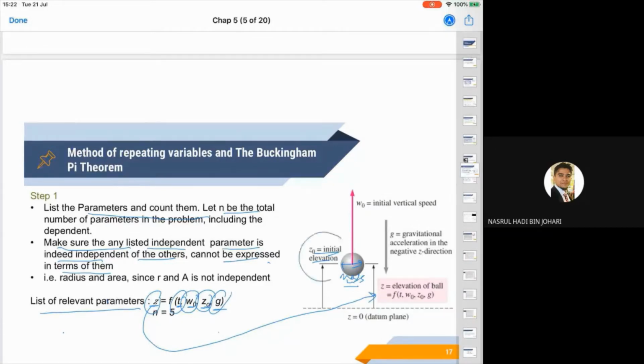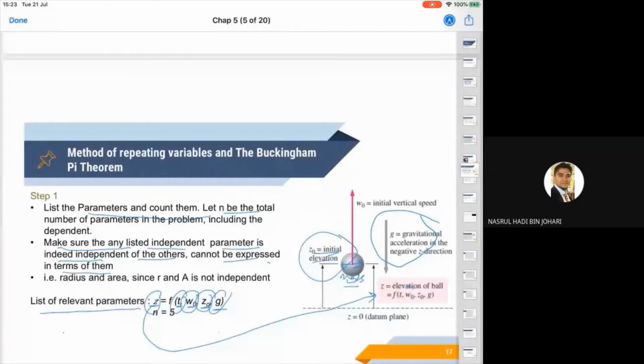I'm not sure if it can be seen or not. Okay, yes. So the initial elevation, and then the ball, whenever it is released, will definitely be influenced by the gravitational acceleration noted by g there, and because it is a steel ball, it has a specific mass.